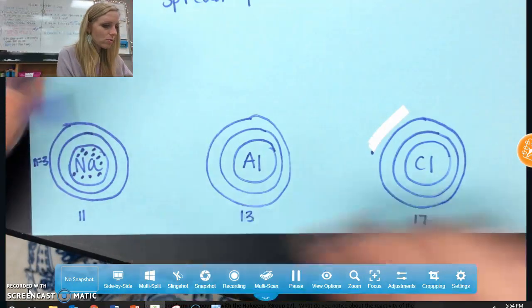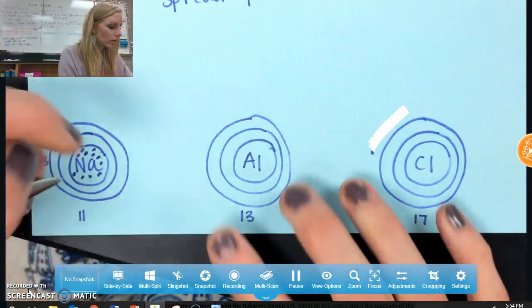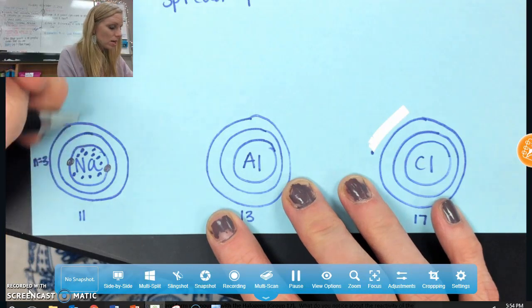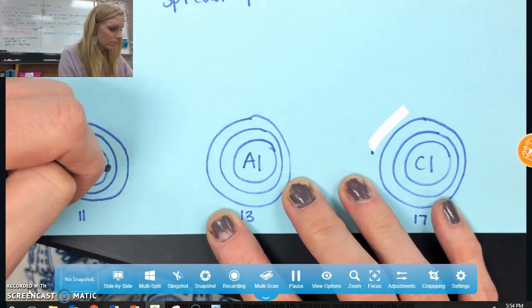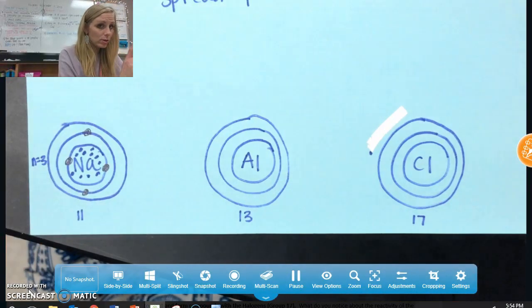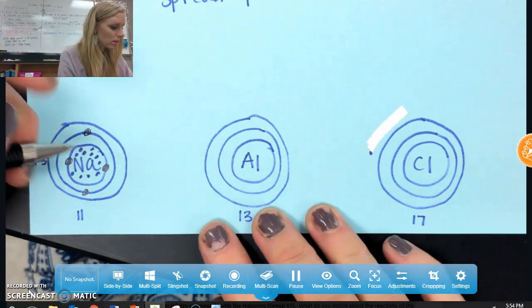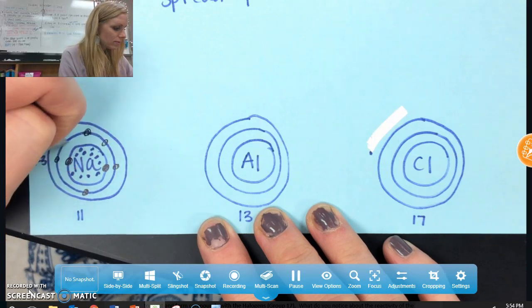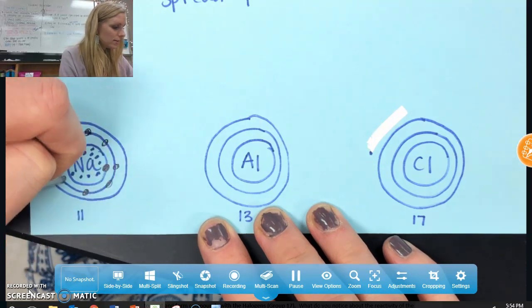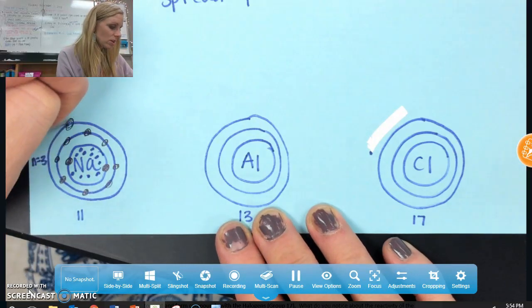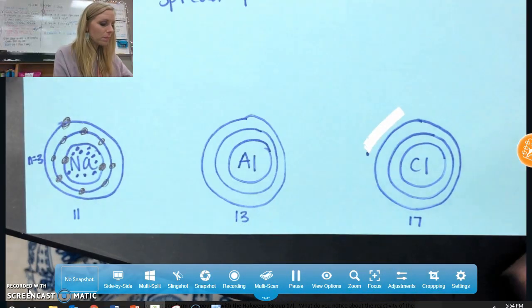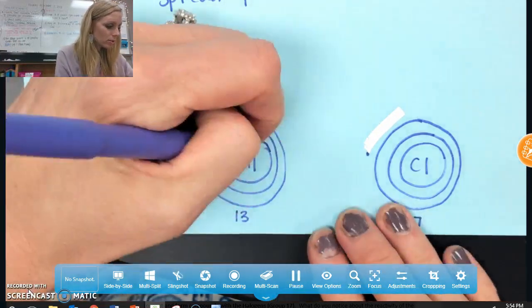On energy level 1, you can only have 2 electrons, right? Because you only have that S block. Energy level 2, you have S and P, so you can have 8. They fill one at a time. They don't want to be near each other. So 1, 2, 3, 4, 5, 6, 7, 8. So that's 10 electrons. So sodium has 1 valence electron. And he's in group 1.